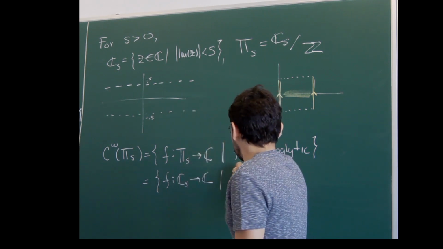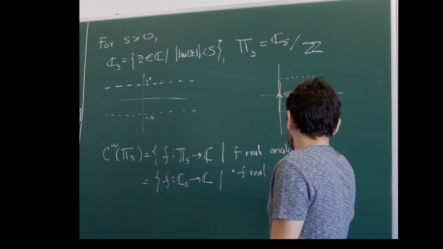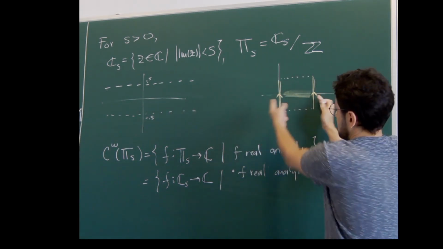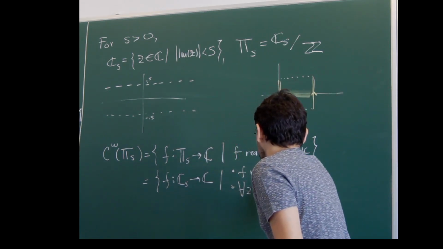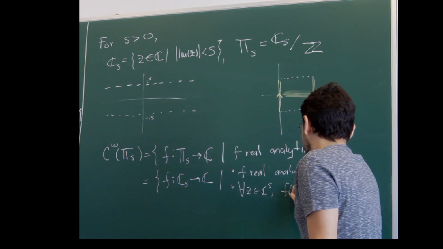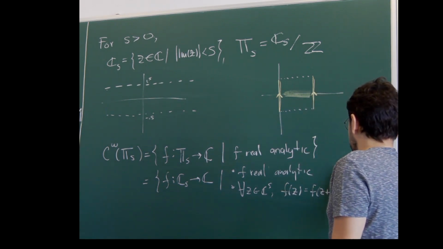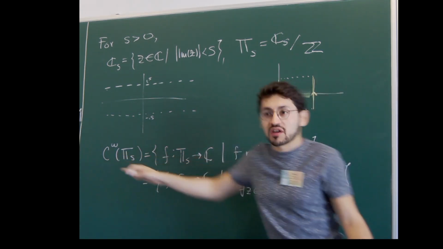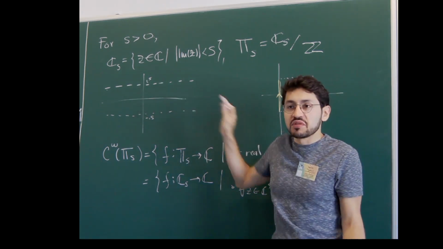But this time I have two properties. I want this to be real analytic, and since I want it to be something like a restriction here, I just want it to be one periodic. So for any point I pick, I want this to be one periodic. Today, every time I speak about analytic functions here, you can think of them as something here or just one-periodic functions in this complex strip.